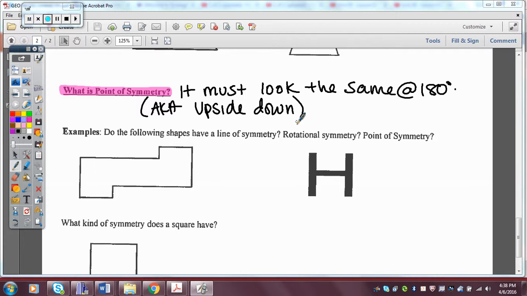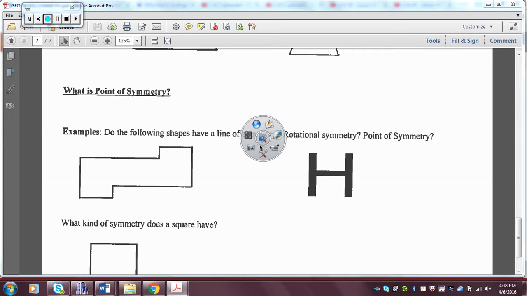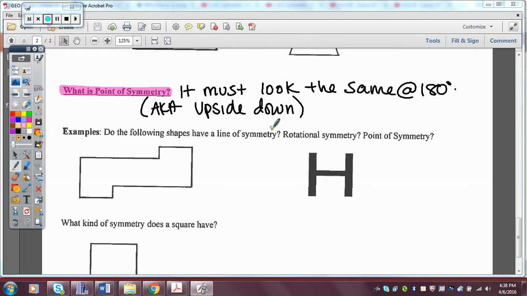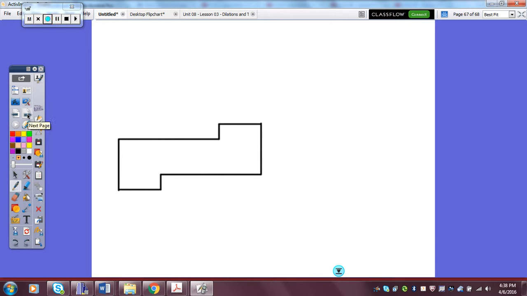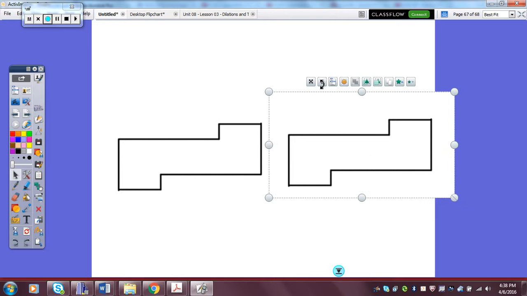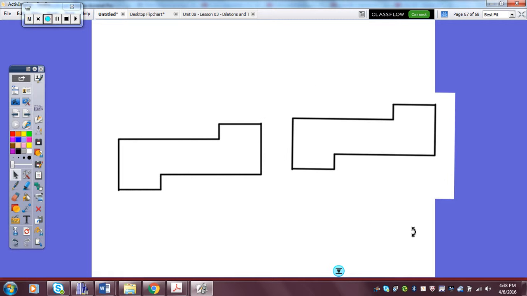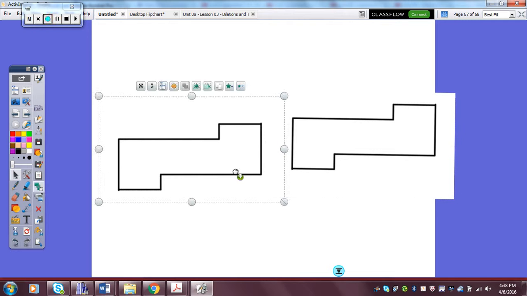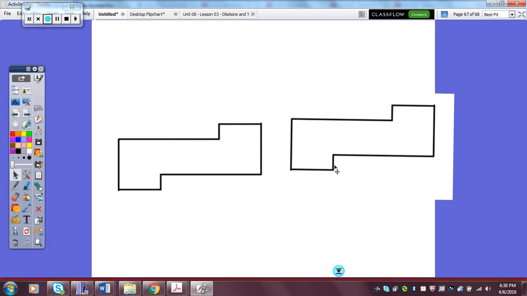Okay? So if I go back over here and I don't hit the wrong button, look at this guy. If I drag him over here and I spin him completely upside down, does this look the same as this? Yes, it does. So this shape has a point of symmetry.